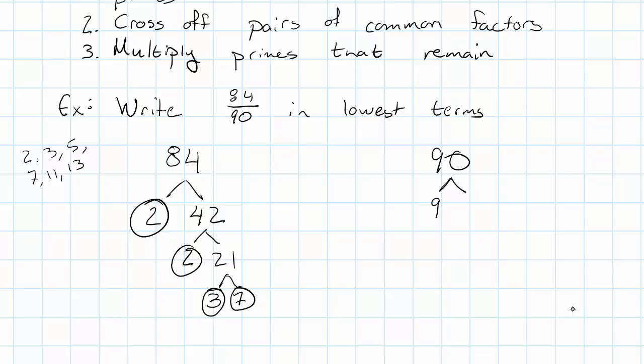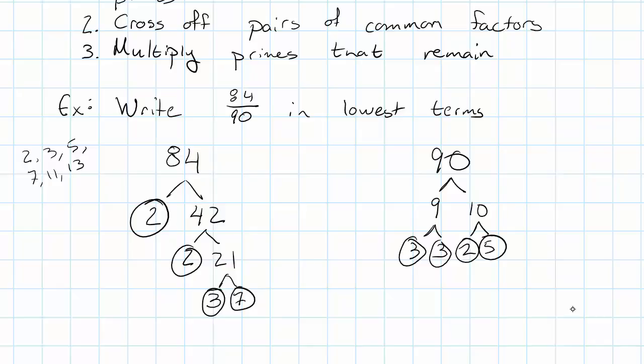90, well that's 9 times 10. 9 is 3 times 3. 10 is 2 times 5. Notice if the last digit is 0, then 10 is a factor, and that is always the easiest way to start factoring.